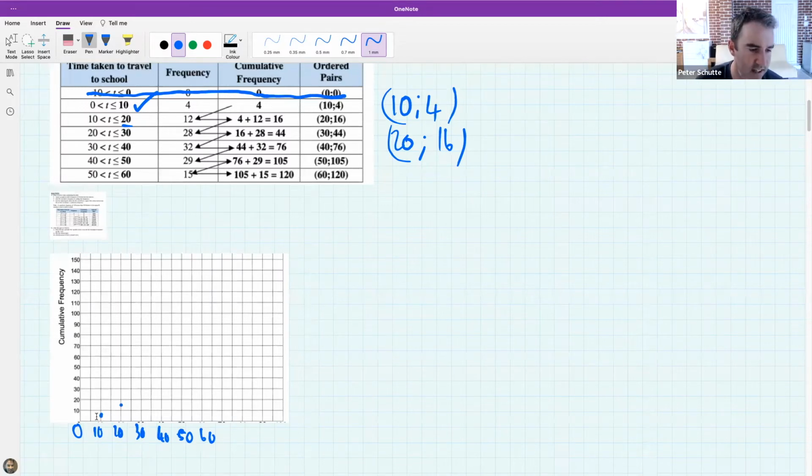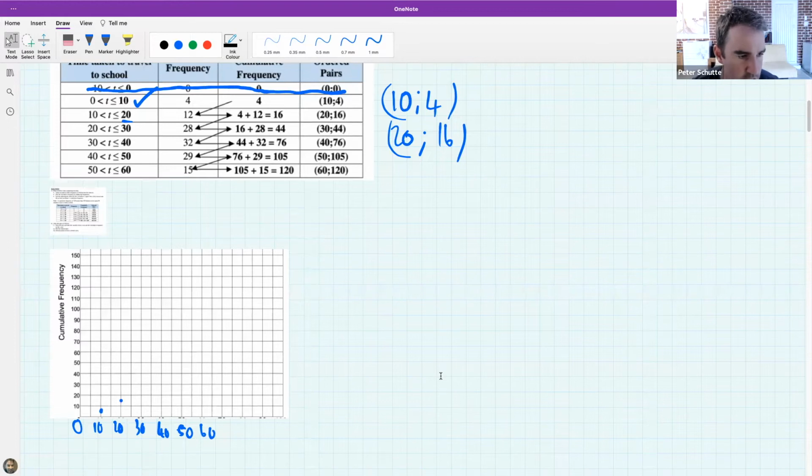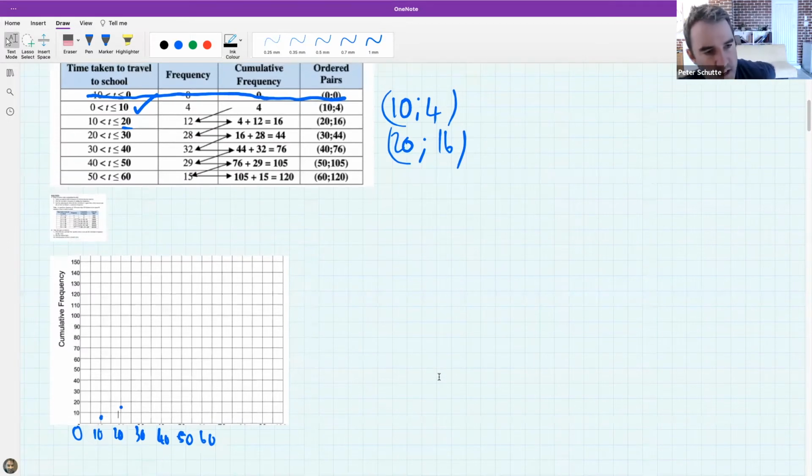I want to see if you can draw a curve that resembles this ogive. Over to you: draw an ogive using these points that I've shown you here.